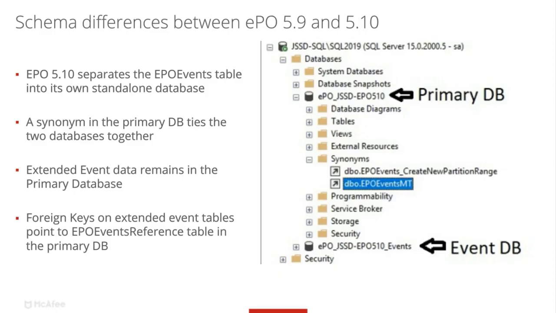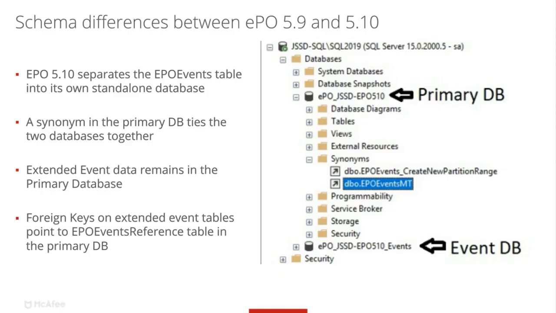Another important thing to remember here is there is something called the ePO events reference table in the primary database. That table is literally just a listing of all of the auto IDs that are in the threat events database. The purpose for that table is so that all of the extended events tables can have a foreign key reference. If you don't know what a foreign key is in SQL, it's a pretty simple concept. It just means that a table has a particular column that references a row in a different table.